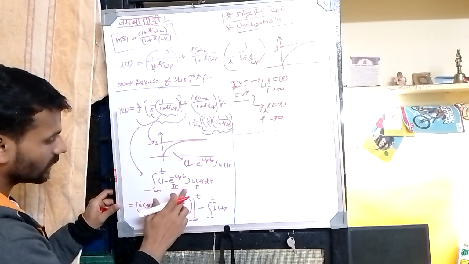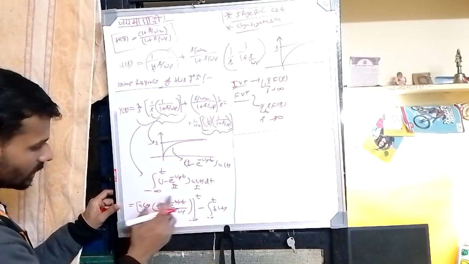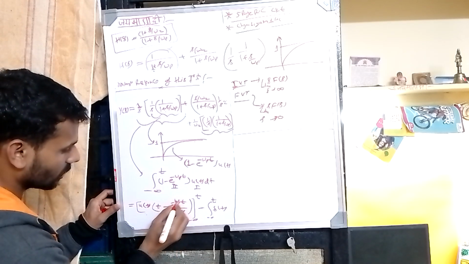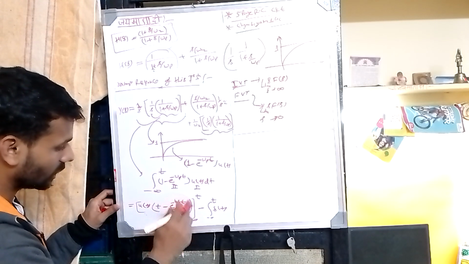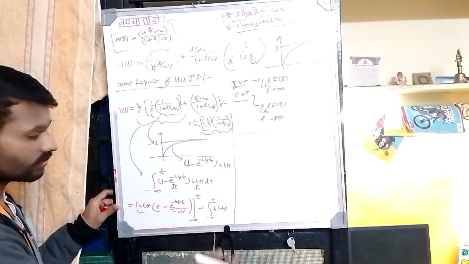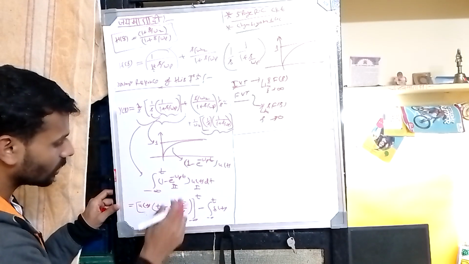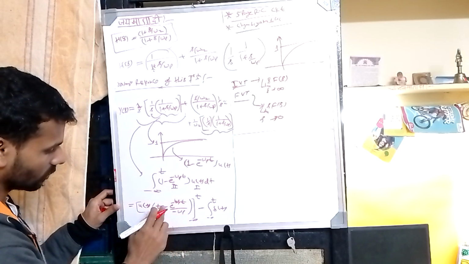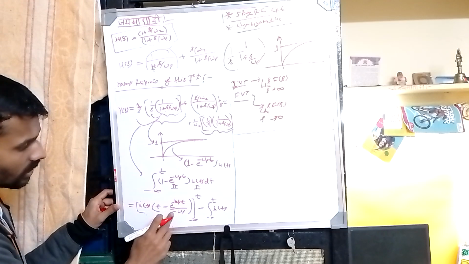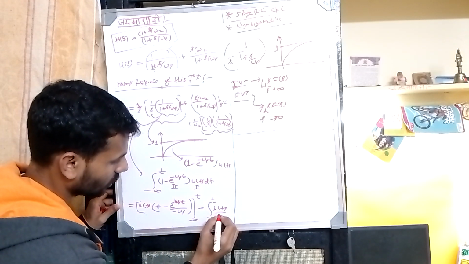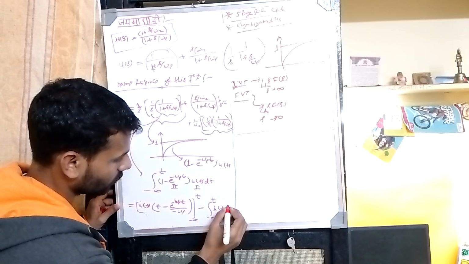So if you integrate this term, you will get t minus e to the power minus omega p t upon omega p, multiplied with delta t. Multiplied with delta t it becomes 0, and it becomes 1 by omega p with positive sign.